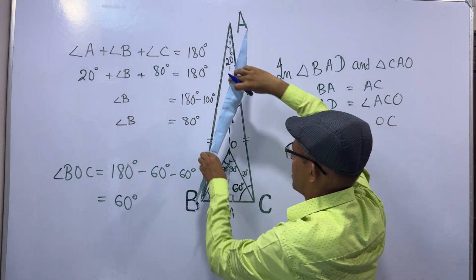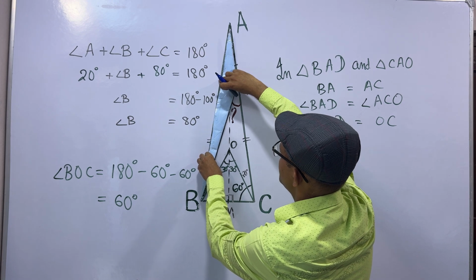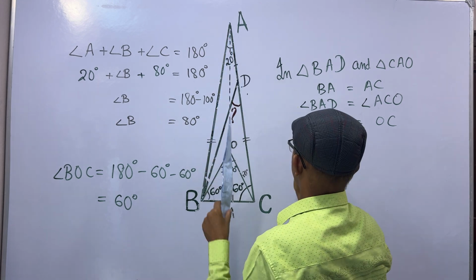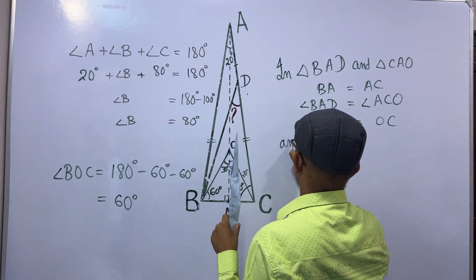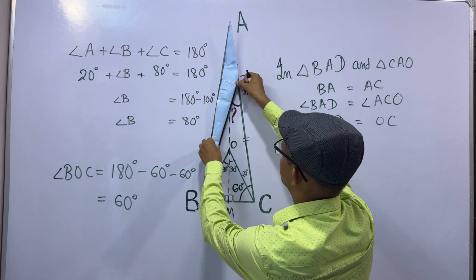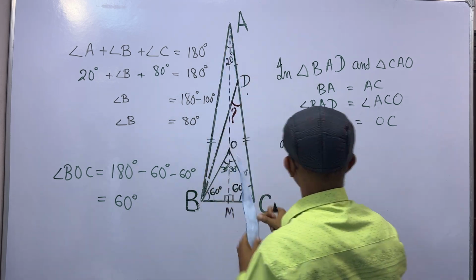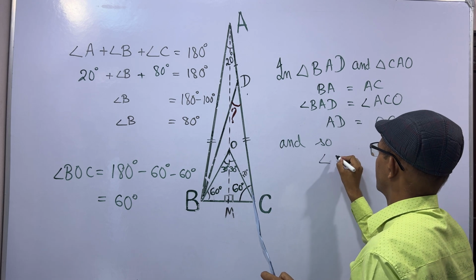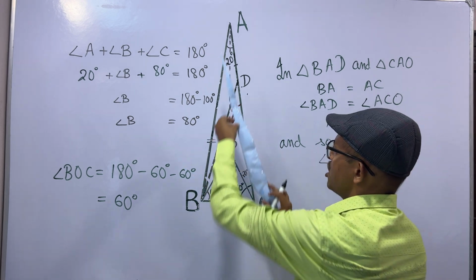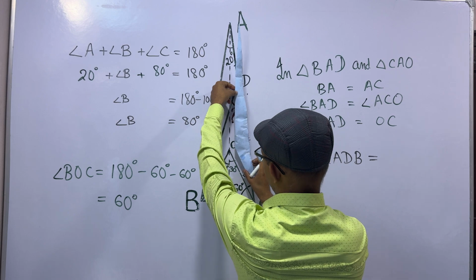If two triangles are congruent, then corresponding parts are equal. And so the measure of angle ADB must be equal to the measure of angle AOC.